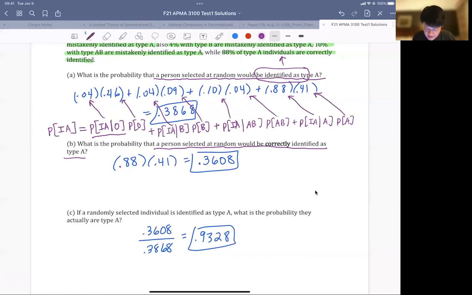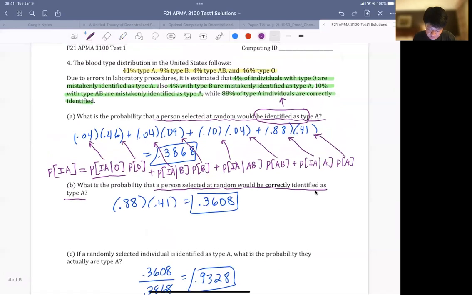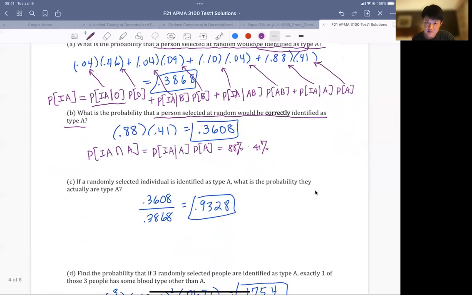This is the probability that the person is identified as A and is indeed of blood type A. So this is the probability of IA given A times the probability of A, which is 88% times 41%. That's question B.